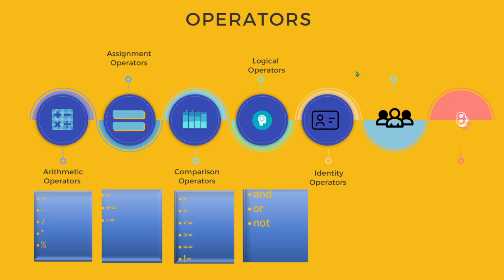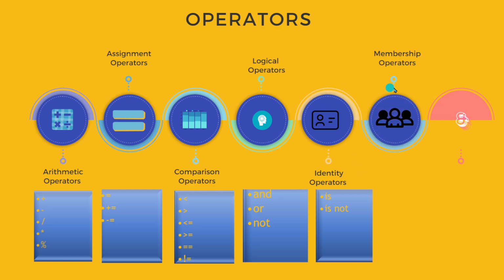Next one is the identity operator. Python also provides identity operators which make sure whether two variables are referring to the same object or not. We use the is and is not operators to identify those things. The next one is the membership operator.